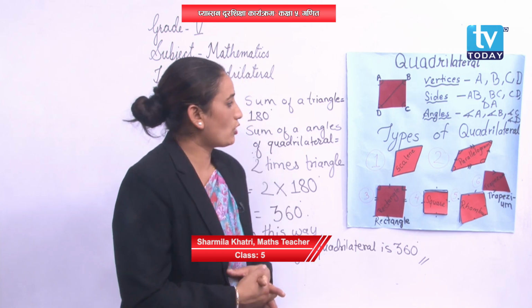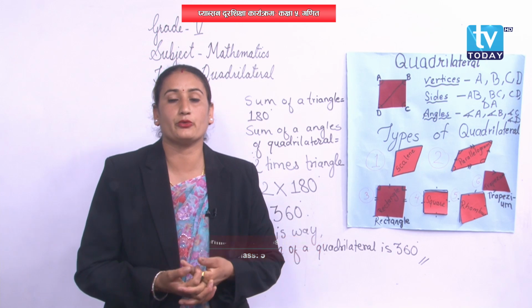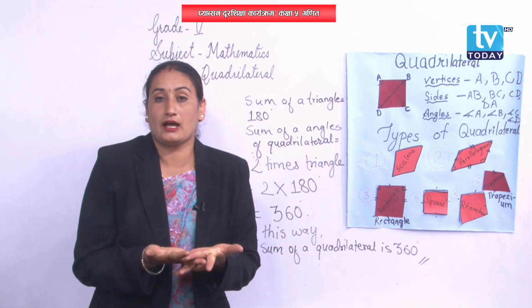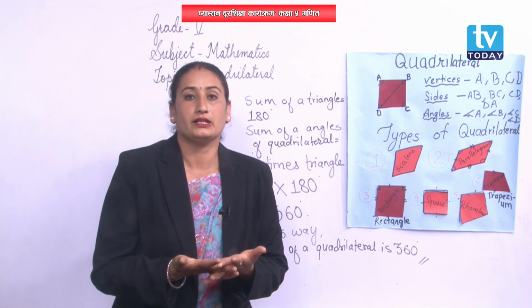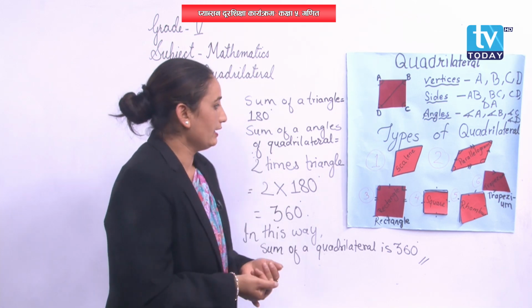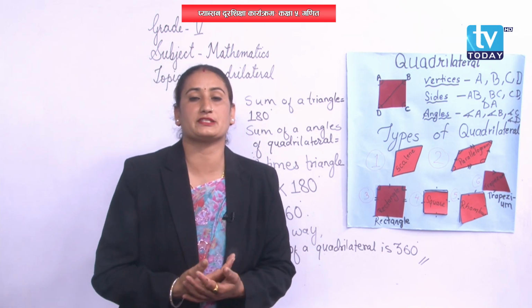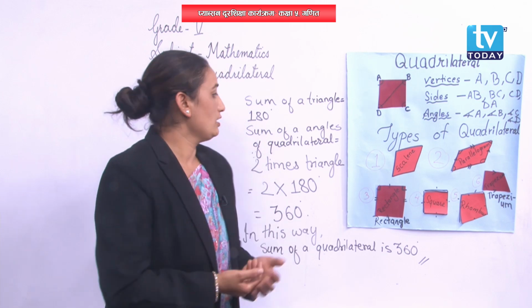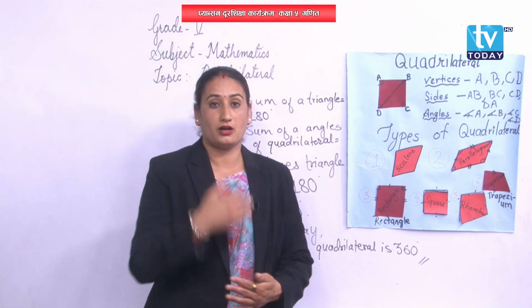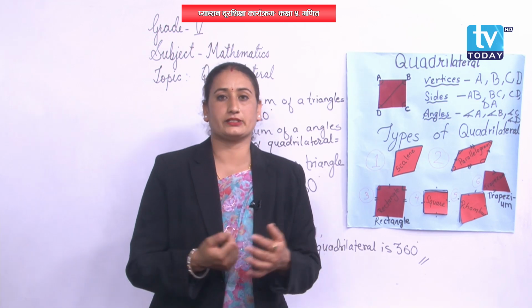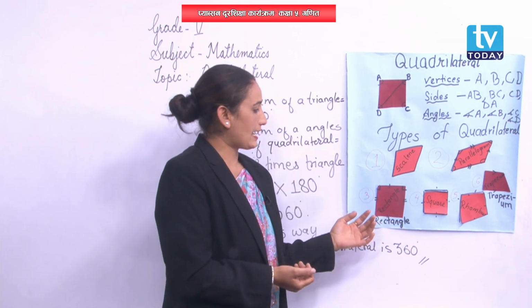Okay, so in types of quadrilateral, we have learned about scalene. None of the angles, none of the sides are equal. Okay, then parallelogram, opposite sides and opposite angles are equal. Then rectangle, opposite sides equal and angles having 90 degree, then we call it a rectangle.